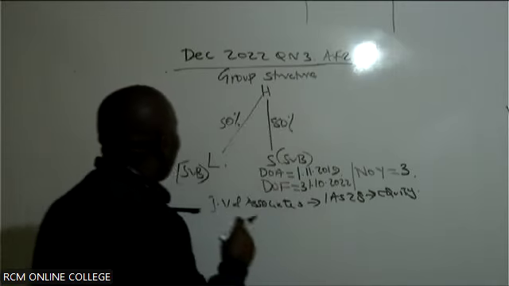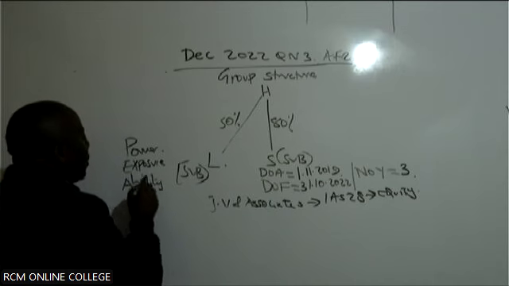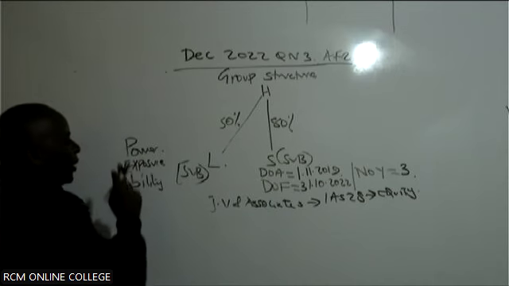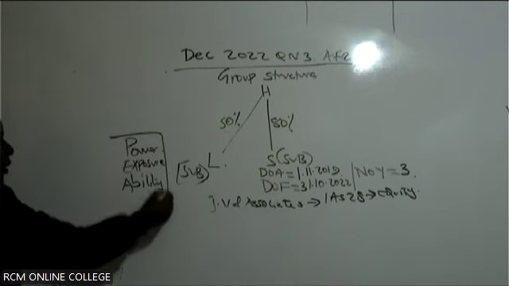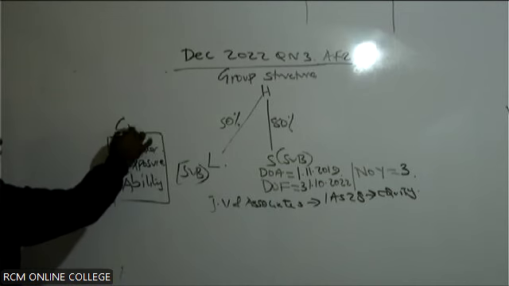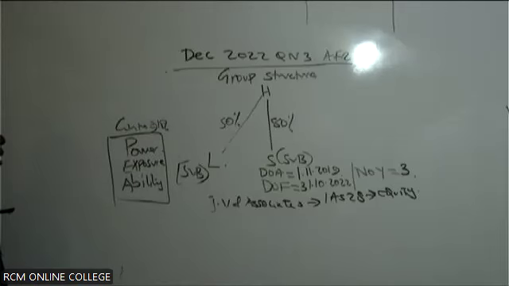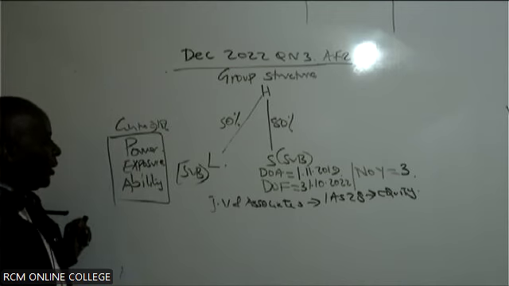And lastly, you must be able to use your power to increase your returns. This is how we define control. So you could have just 10% shares in A, so long as you have some shareholding, and you happen to be very, very powerful.